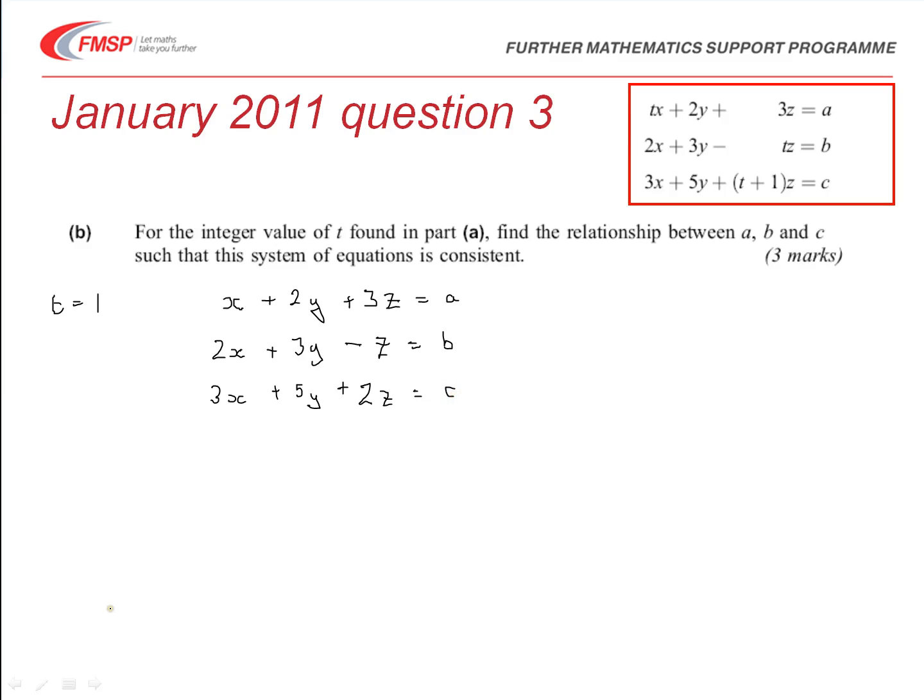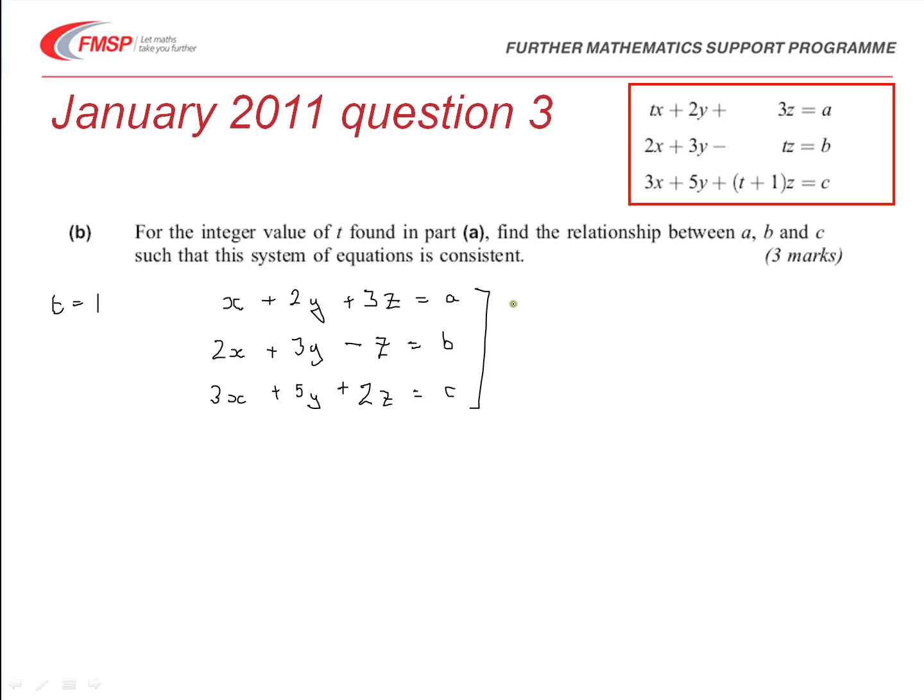So, what do we know? Well, with this system of equations, we can see that if we add the first two together, we'll get 3x, 5y and 2z.